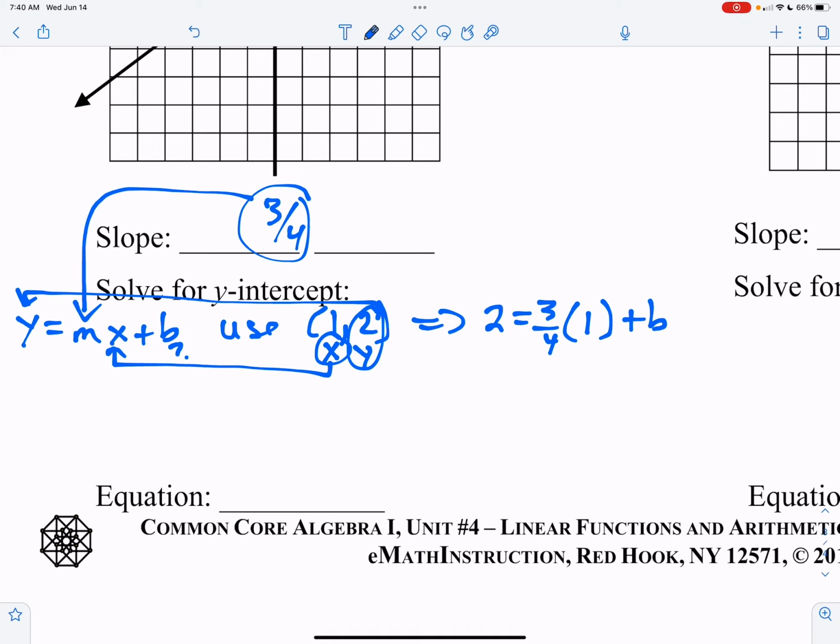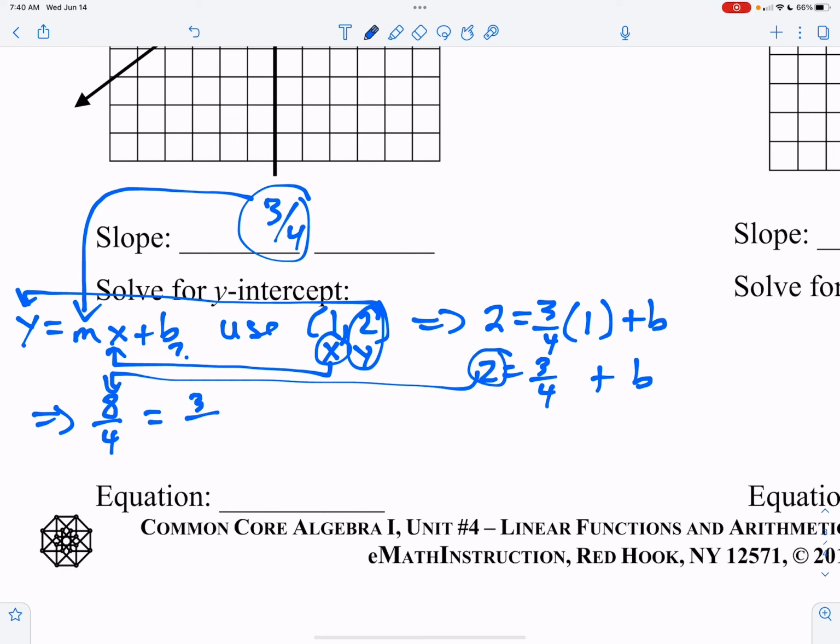Now 1 times 3/4 is 3/4, so 2 equals 3/4 plus b. I'm going to rewrite 2 as a fraction with a denominator of 4. That way I can actually subtract those fractions. So 2 becomes 8/4, equals 3/4 plus b.